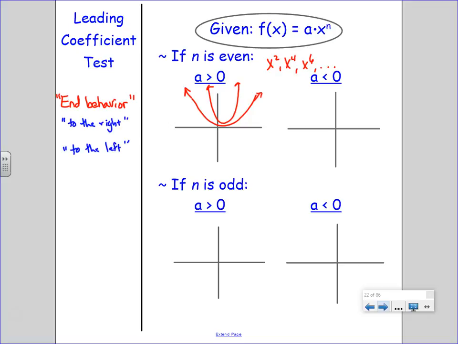Now there are snazzy ways of saying this. And the snazzy way of saying it is as x approaches infinity, f of x approaches infinity. I'm going to go ahead and translate that phrase.